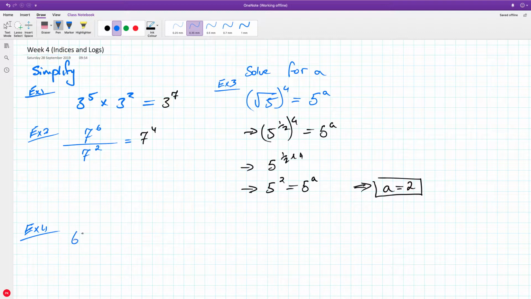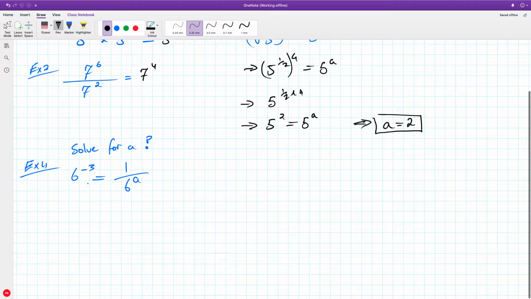Right, we'll go with this one. Solve for A. What do we get? 6 to the power minus 3, obviously you bring that down underneath the line, it becomes 6 to the power 3, yeah?